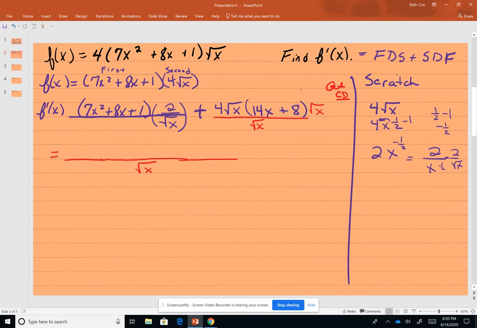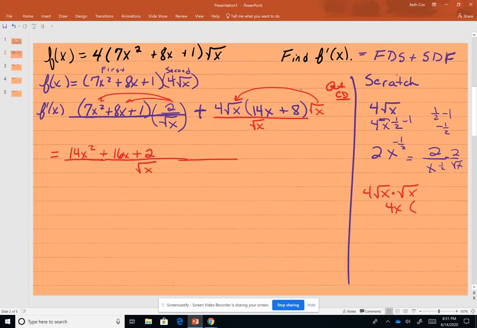All right? So over here on the left, I just distribute, and I get 14x squared plus 16x plus 2. Now here's the deal. I've got 3 terms multiplied here, but what happens when I multiply those two? When I multiply those two, I get 4x.